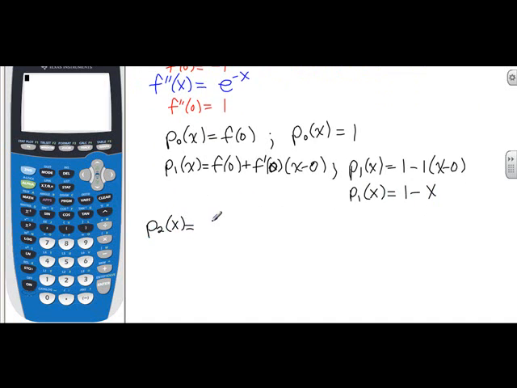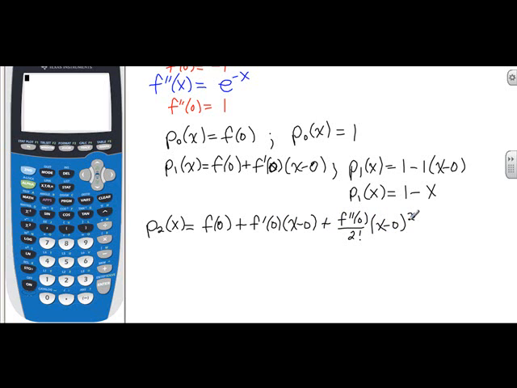Then P2 of x is f of 0 plus f prime of 0 times x minus 0 to the first power plus f double prime of 0 over 2 factorial times x minus 0 squared.